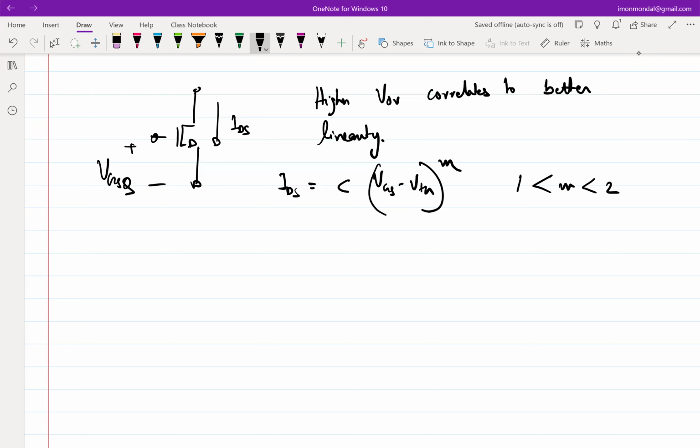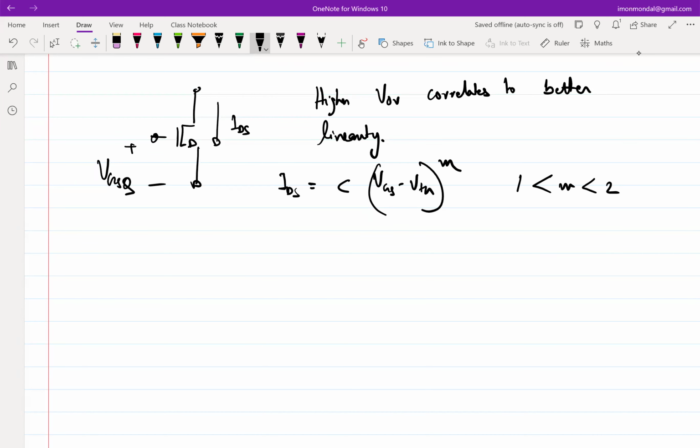The reason this is more helpful is that when you have something to the power m, where m is a fraction, then you can have a Taylor series expansion of this, which has all orders of power, right? Note that this is overdrive to the power m.